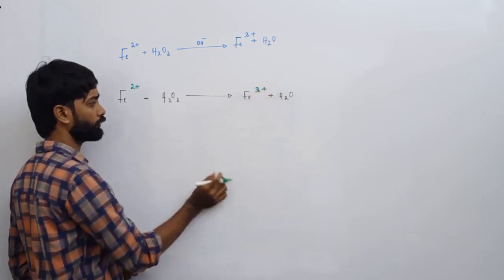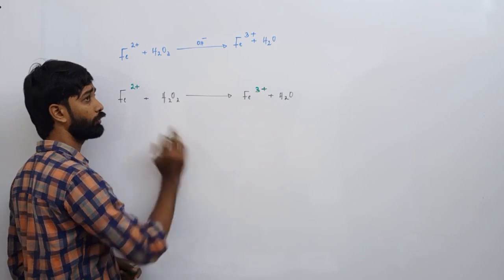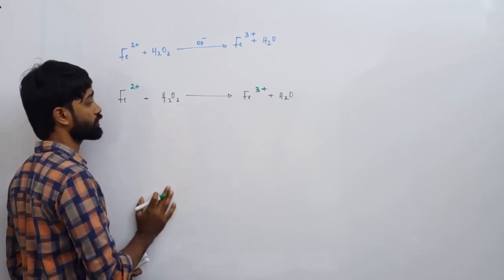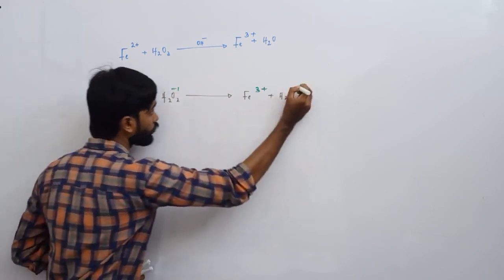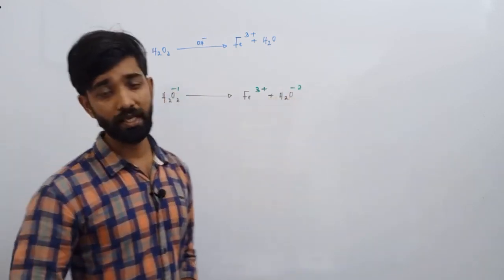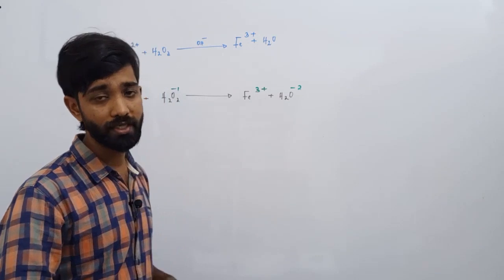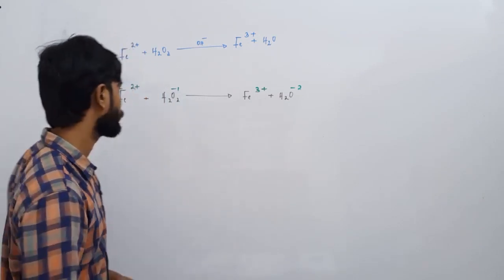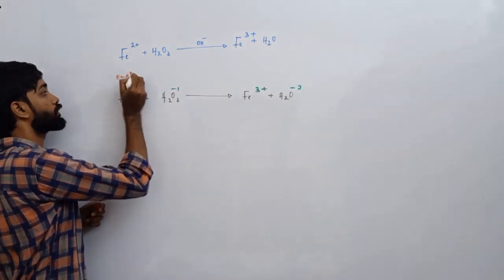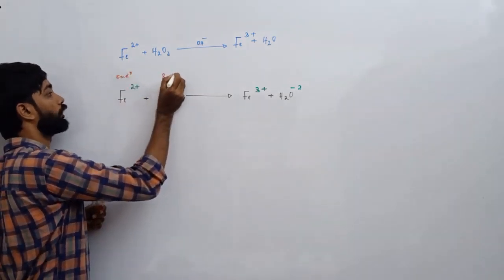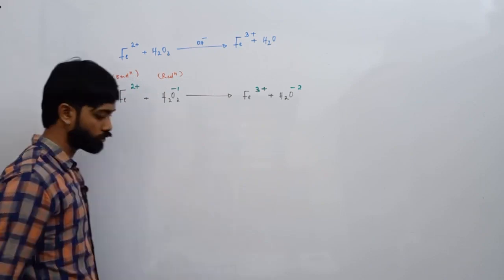Iron is one of the elements undergoing oxidation. What about the next? Oxygen here is -1 and oxygen here is -2. So oxygen is the element which undergoes reduction. Iron is oxidized, and oxygen in H2O2 is the reduced one.